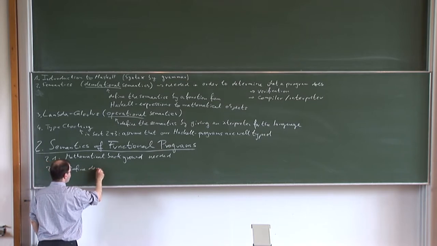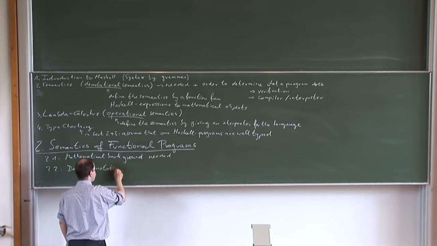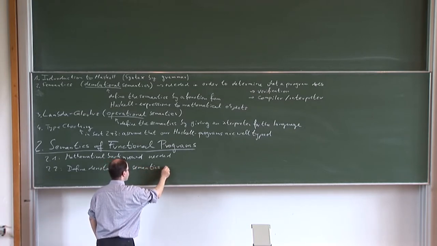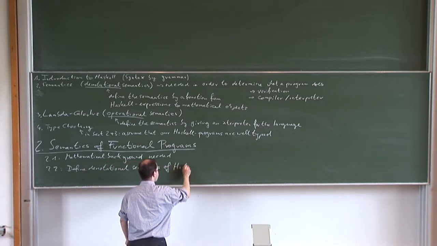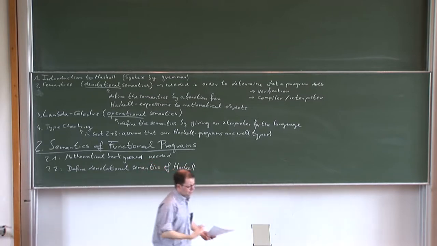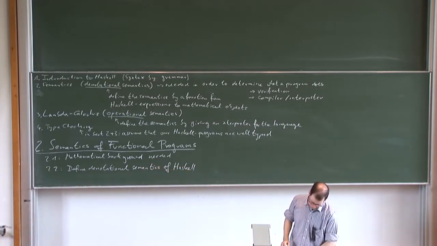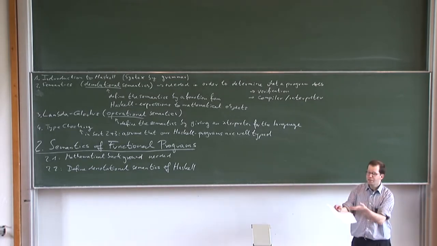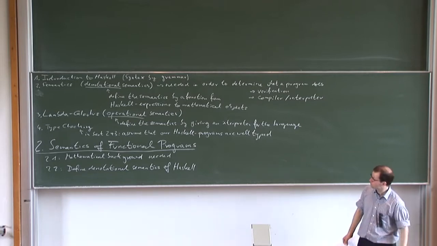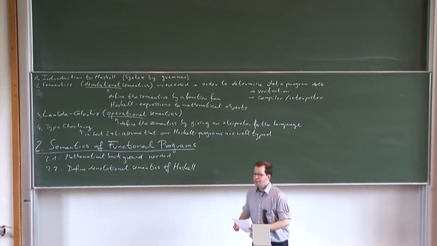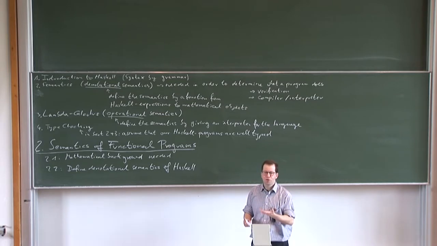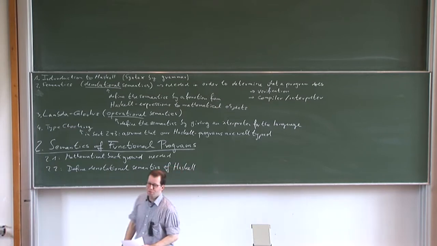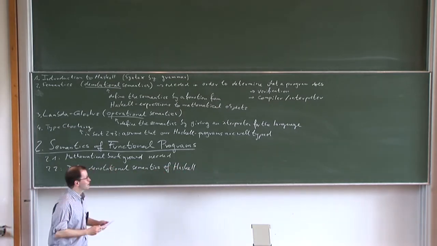So here we define the denotational semantics of Haskell. And then we have formally defined what a Haskell program means. Now, up to now, we always gave intuitive explanations saying, well, this means that, and you can program with this intuitive explanation, but then still, there are some cases where you don't really know what the program does. You just try it out in your interpreter. But if you want to write an interpreter, you cannot try it out. Then there has to be some kind of formal definition.